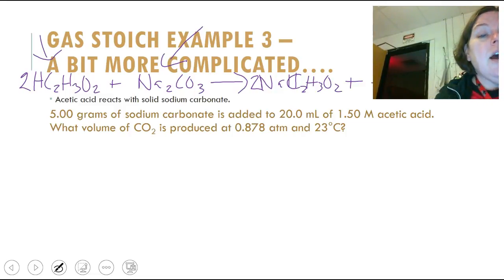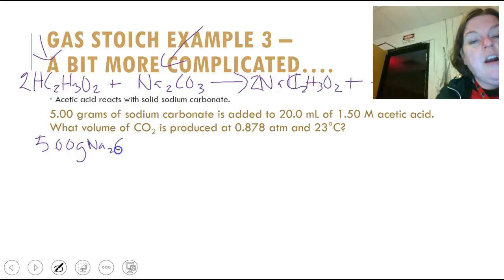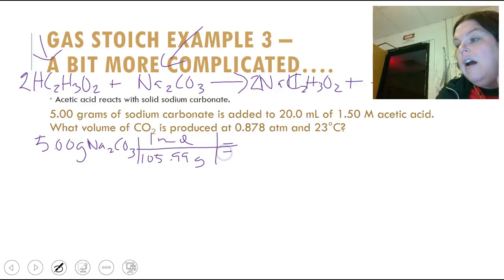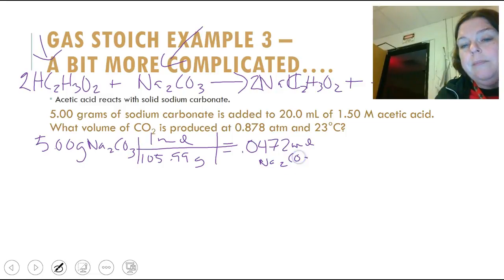So I'm going to go ahead and start out with the 5 grams. So 5 grams of sodium carbonate, not bicarbonate, sodium carbonate. And I'm going to take that and divide it by 105.99 grams and 1 mole. And I'm going to get that I have 0.042472 moles of the sodium carbonate.